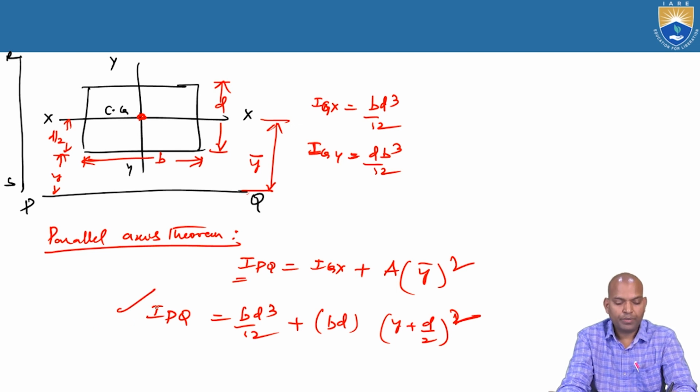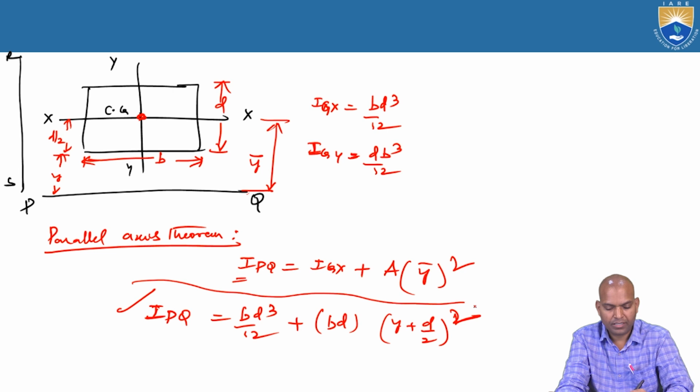So this is IPQ, the moment of inertia about the line PQ. This is the expression we derived.